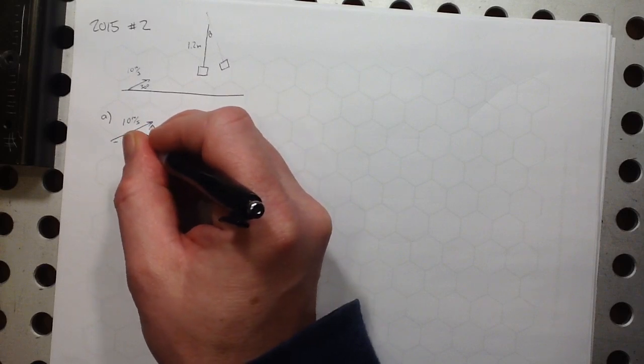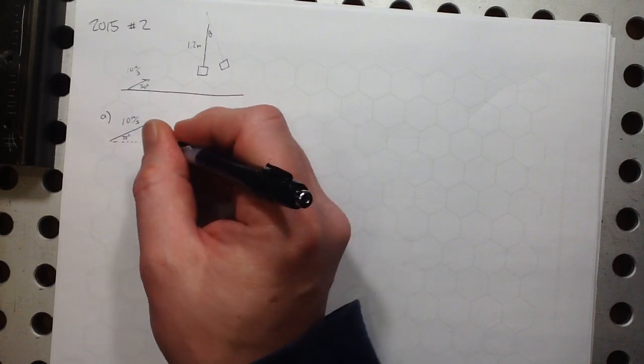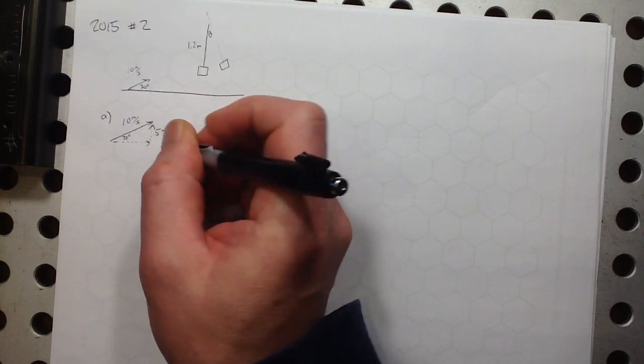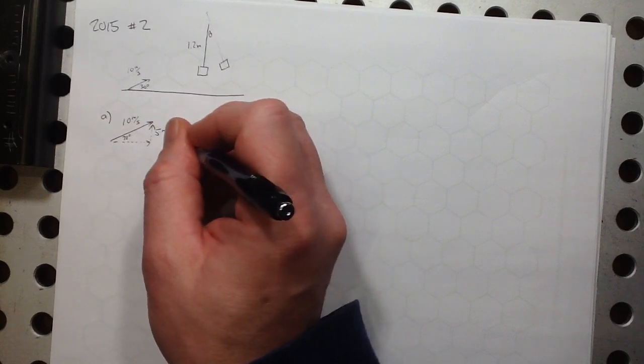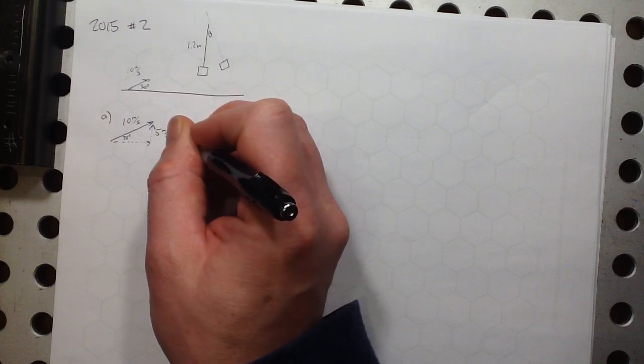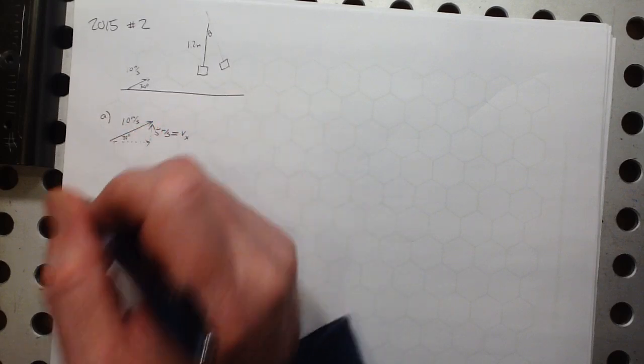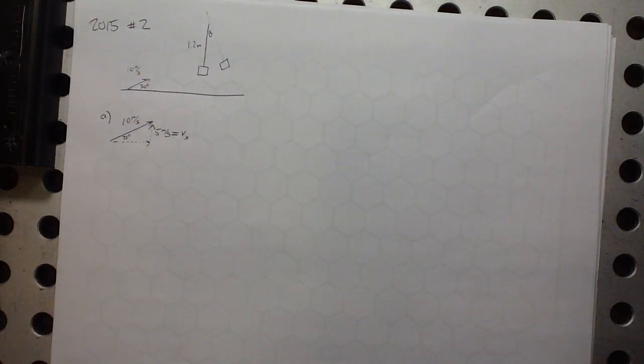It's just the little vector triangle to break this into components. Now the sine of 30, this component, is just 1/2, and then that would be the constant horizontal velocity. And then here we have the cosine component.